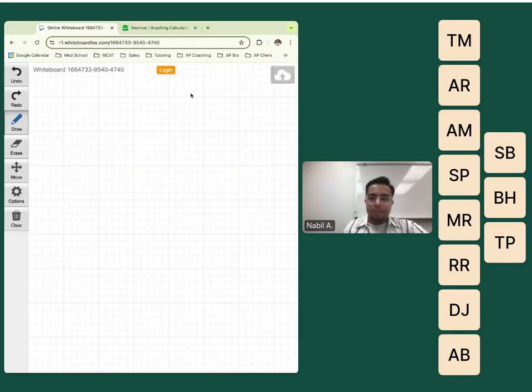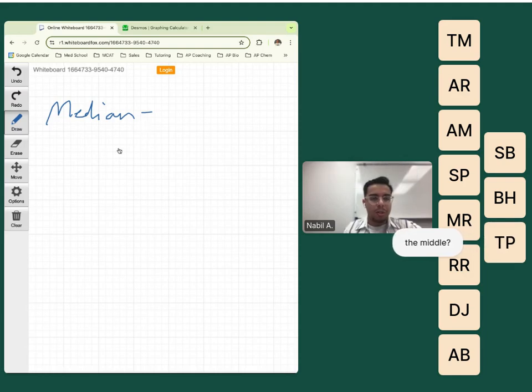So that's mean. Now, what is the median? Just try to summarize this term in a few words. What is the median? And I'll go over an example. Yes, the middle number.